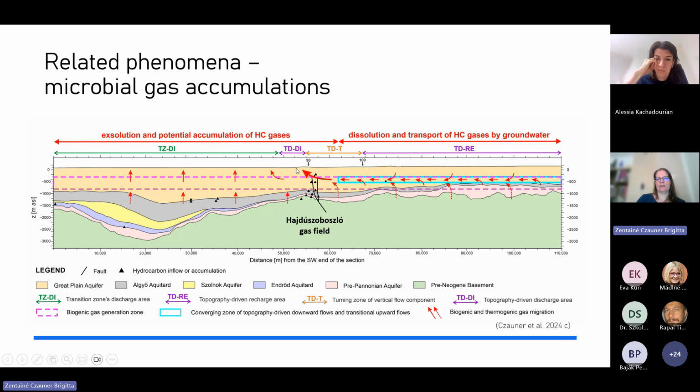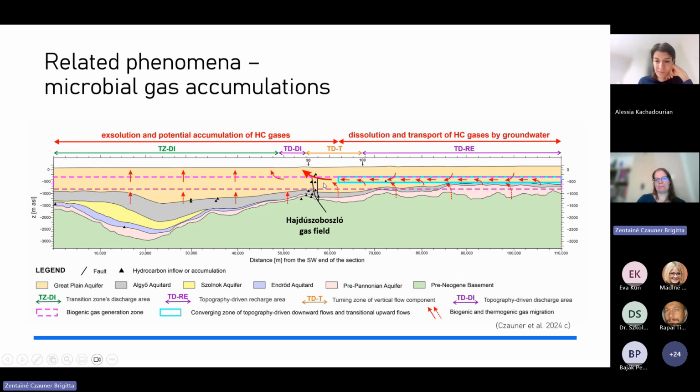And here in the middle of the section, if you remember, is the boundary of the topography-driven flow systems and the transition zone. So this is the place where the deep-originated upward flows can approach the land surface.